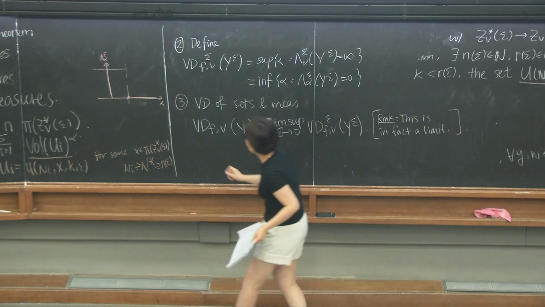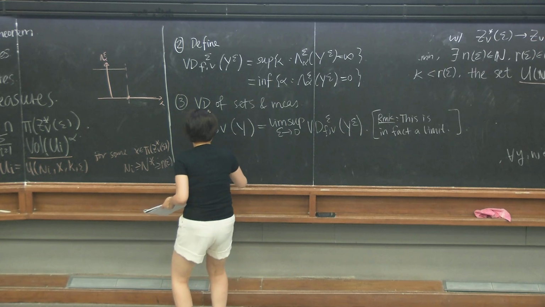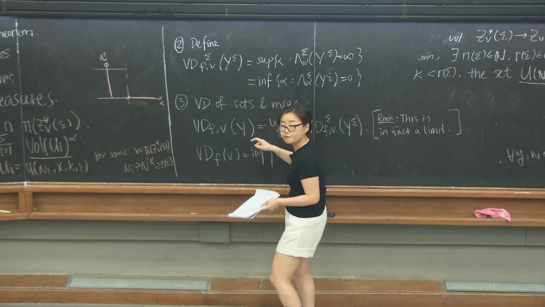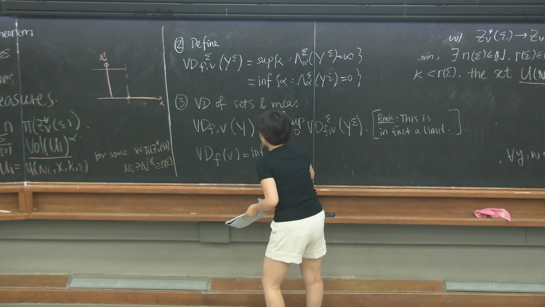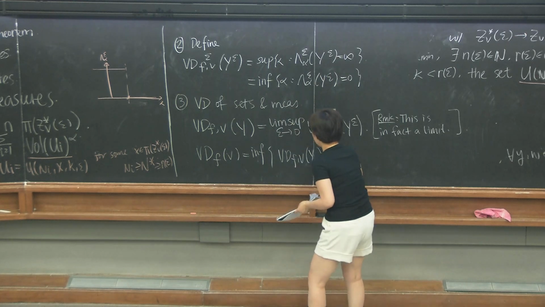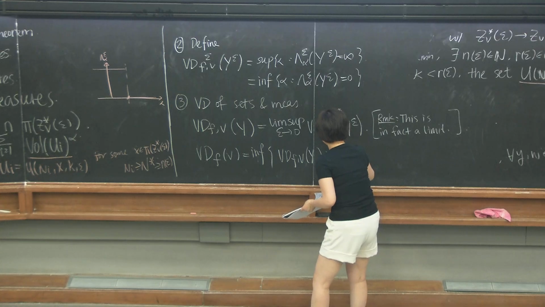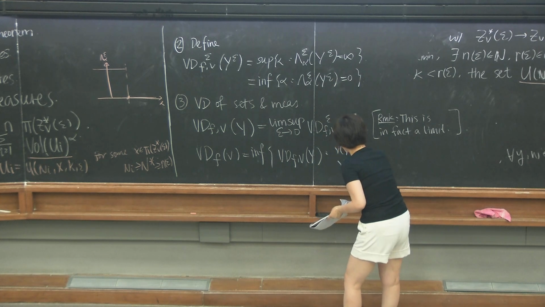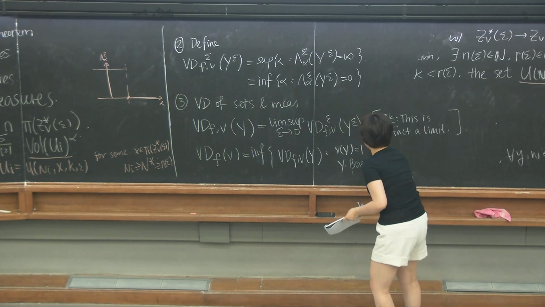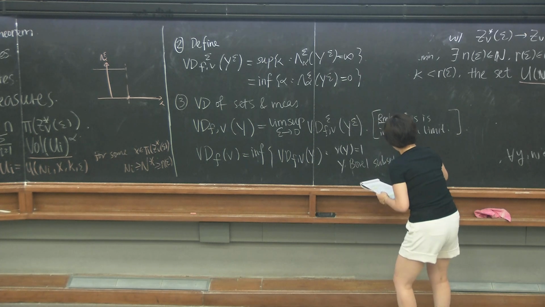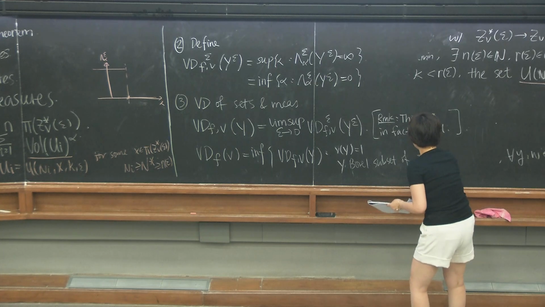Okay, and then the volume dimension of a measure, right? So this is like the Hausdorff dimension: it is the inf of the volume dimension over full measure Borel sets, vd f nu Y, where nu Y is equal to 1, and Y is a Borel subset of pi Z nu.